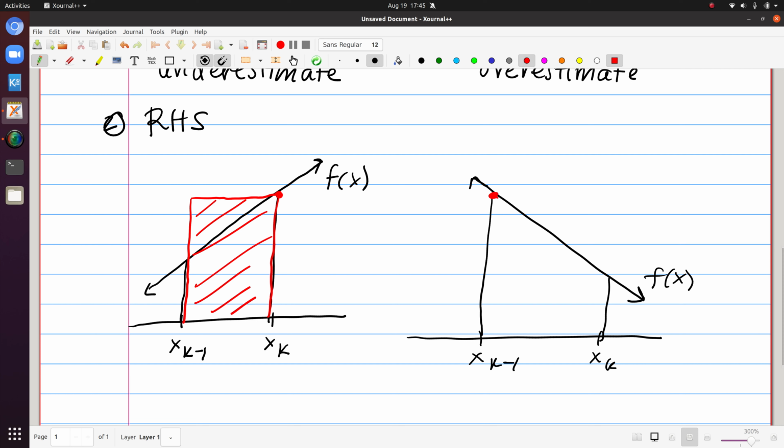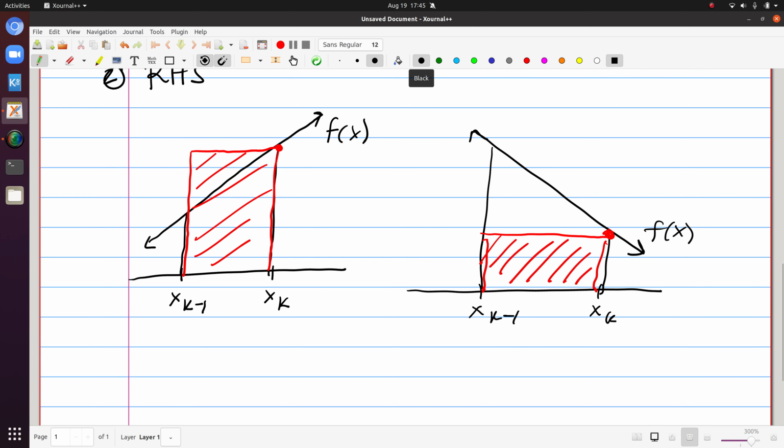And on this picture, oh, nope, that's the left-hand sum. On this picture, I am going to choose this height. And we consider this area. So just like above, the distinguishing feature between these two is, in this instance, f is increasing. In this one, f is decreasing. But using a right-hand sum, we see the opposite effect.